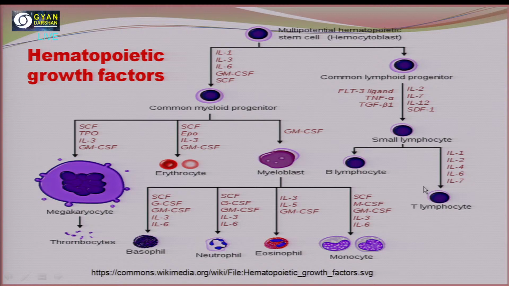Here is the B lymphocyte, and again the B lymphocytes convert into plasma cells and B cells, and these are able to produce the antibodies. So basically the hematopoietic growth factors are responsible for the differentiation of the different types of lineages and different types of cells.